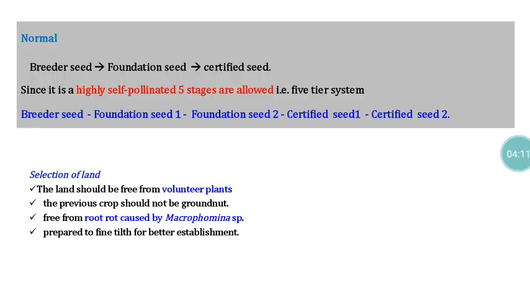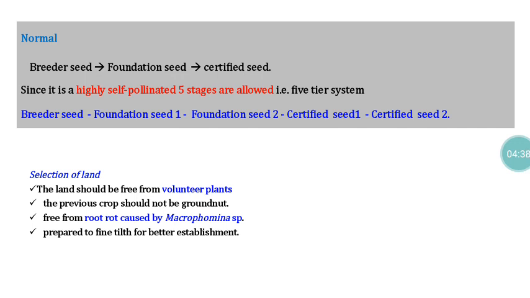And then regarding the stages of seed production, in normal cases we can follow a 3 generation system, but in the case of groundnut, this is strictly self-pollinated. Because of that, there won't be any problem with maintenance of genetic purity and physical purity. Another thing with groundnut is that due to low SMR, the production potential is also very much decreased.